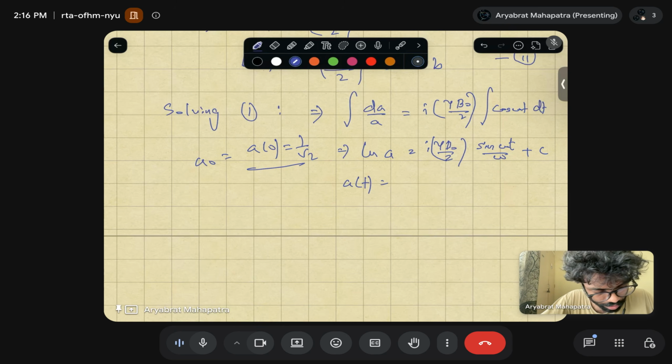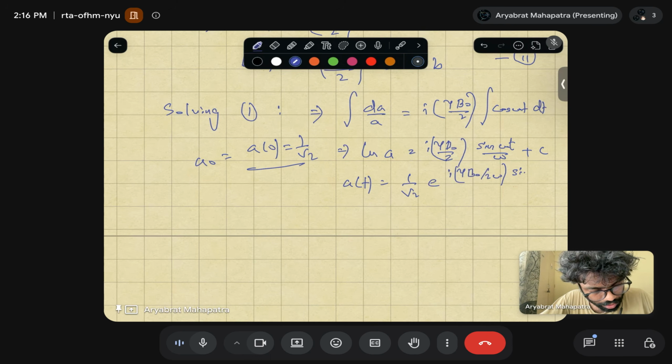Finally, a of t is 1 over square root 2 times exponential of i gamma B naught over 2 omega times sine omega t.